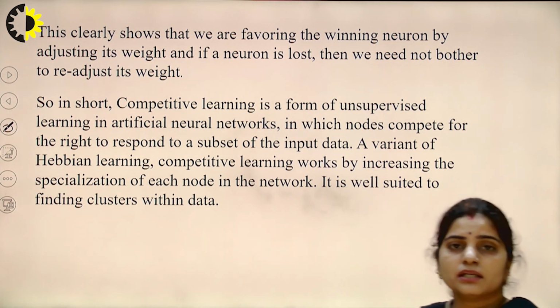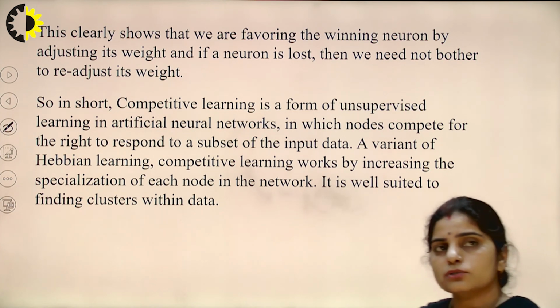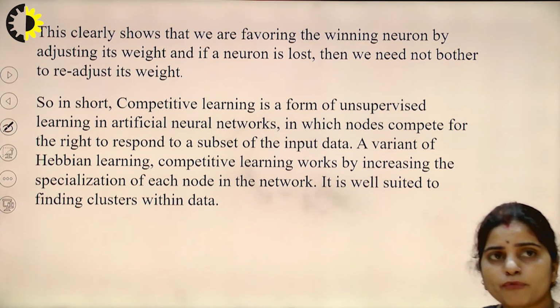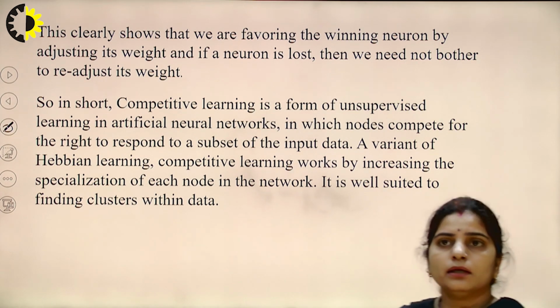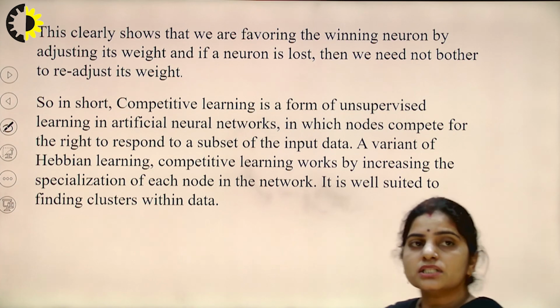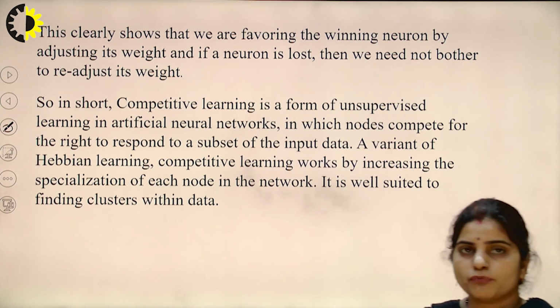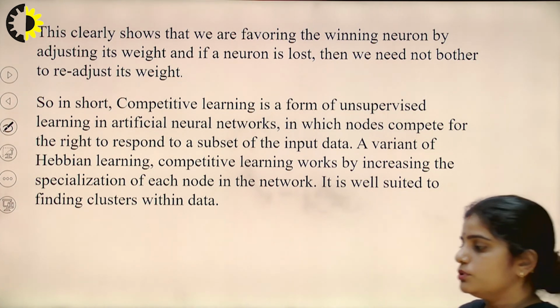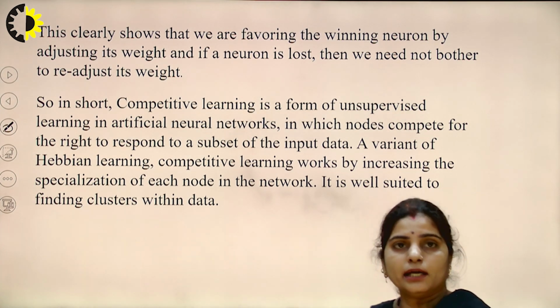So, to conclude this topic, this is a form of unsupervised learning in the ANN or SNN, in which output nodes compete with each other for a subset of the input data provided to the network.